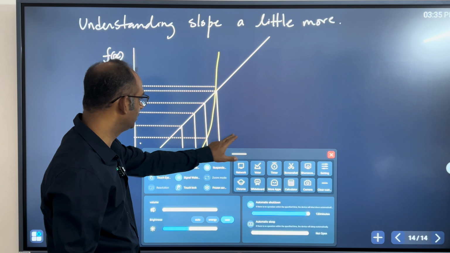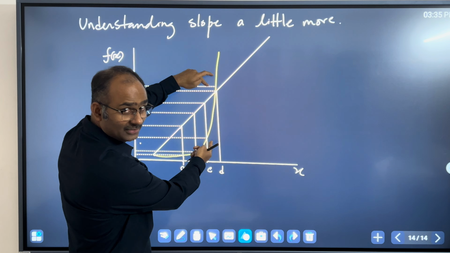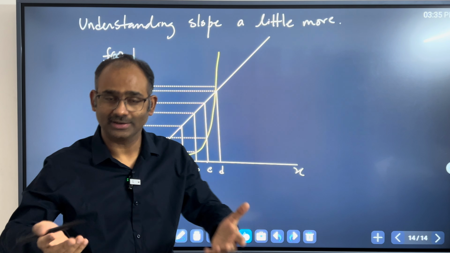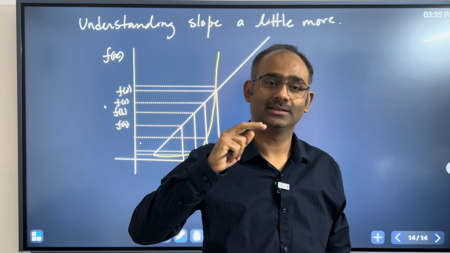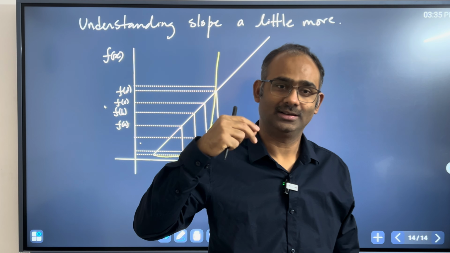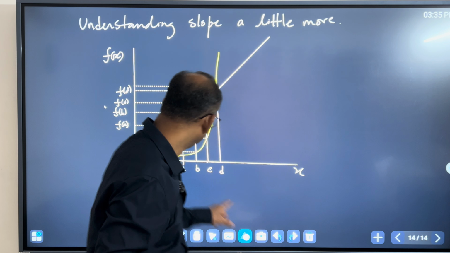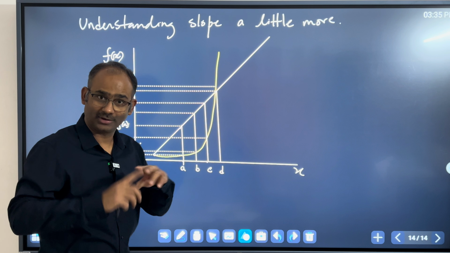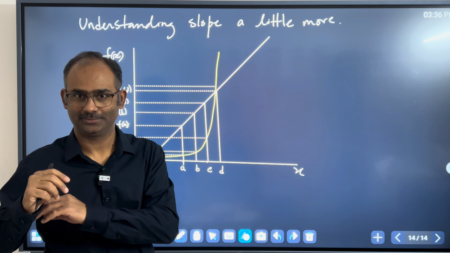When you go from C to D, the increase in height is this much. For this function, the rate at which the value of the function is increasing depends on where you are. But for a straight line, it increases by equal amounts.